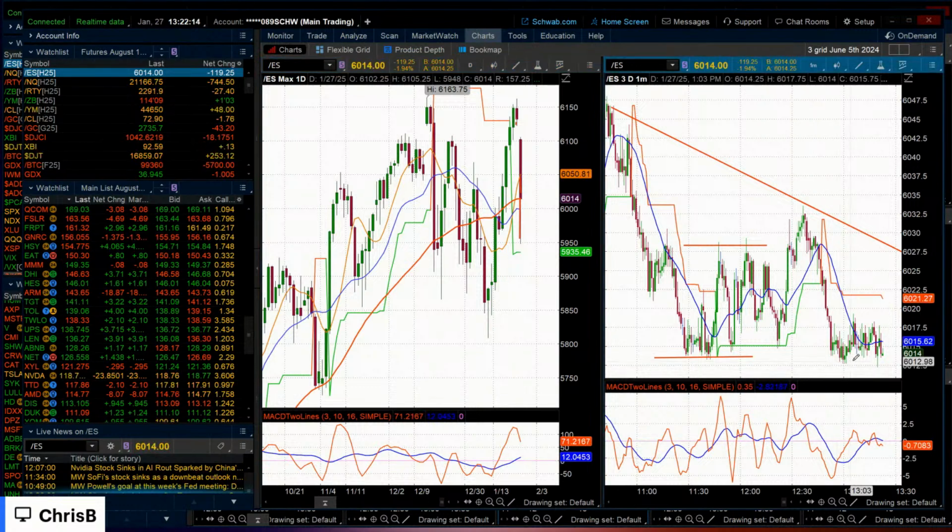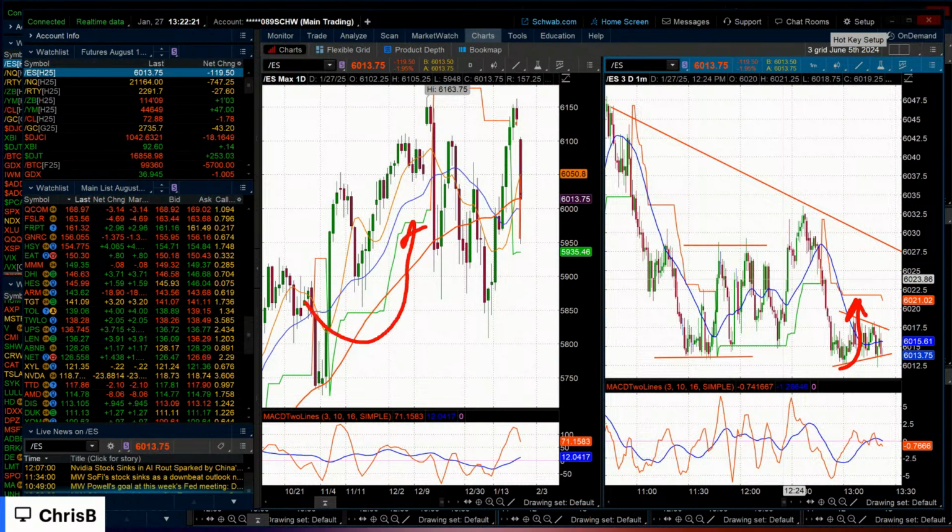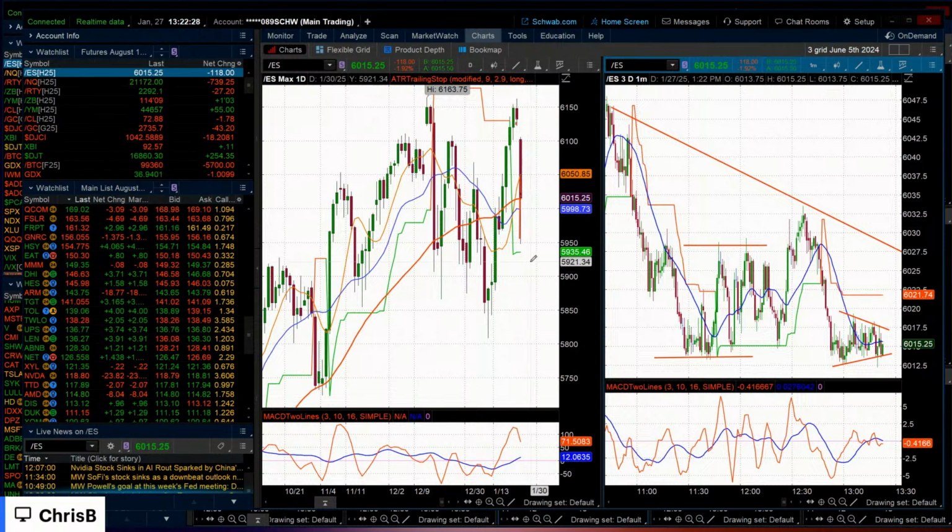That sure looks like a bear flag to me. So are there 3 reasons to buy? Absolutely not. Now, if this got over this and you saw the SMH start to do that, that's different. But right now, it's not showing you anything.